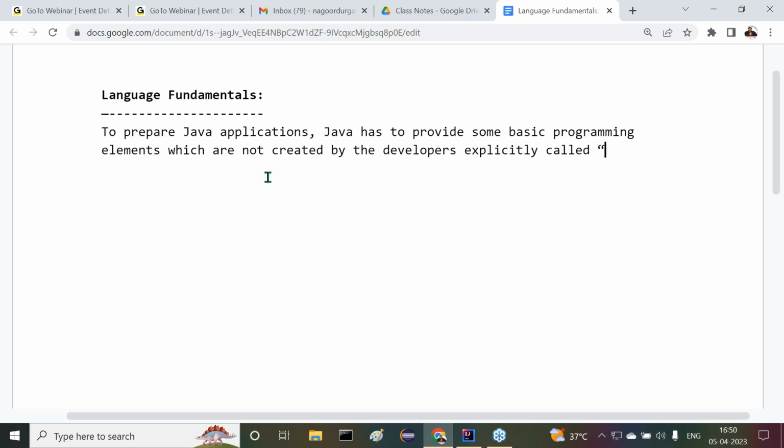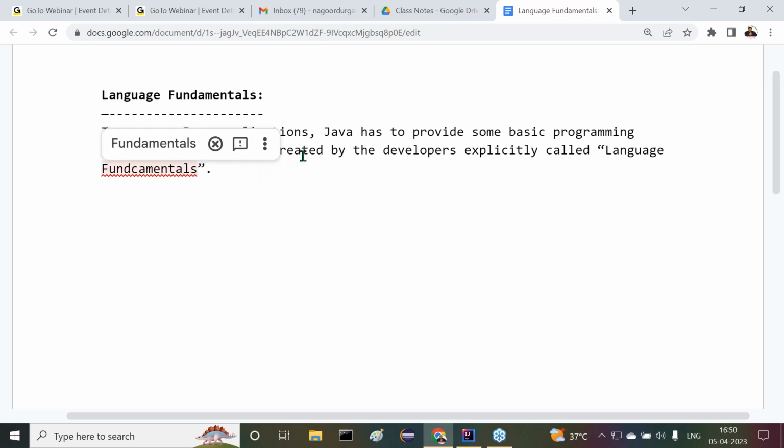These are called language fundamentals. The fundamental units that are required are called language fundamentals.